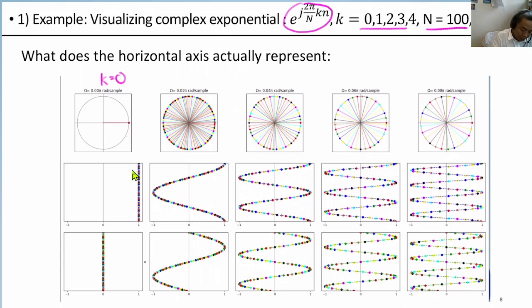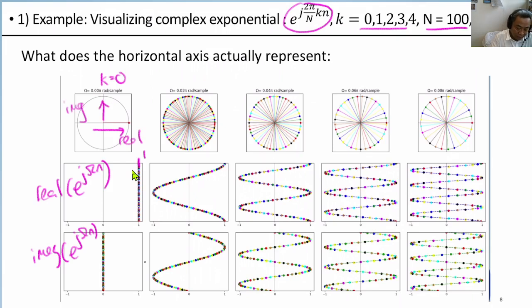This is the real part of e to the j omega n, and this is the imaginary part. So you see that the real part is 1, because this is the real axis, and this is the imaginary axis. So the real value is 1 with imaginary 0, so this is all 1 and this is all 0 as n progresses. So this is time n.